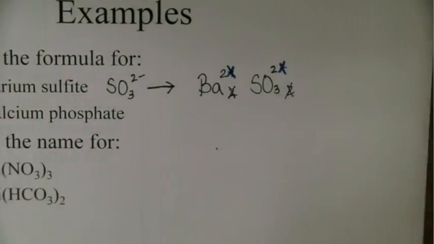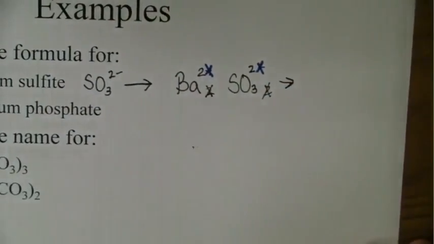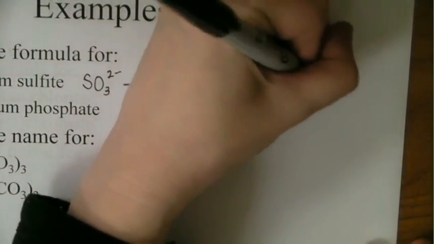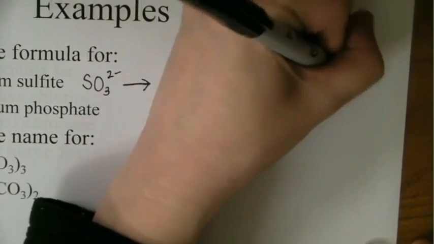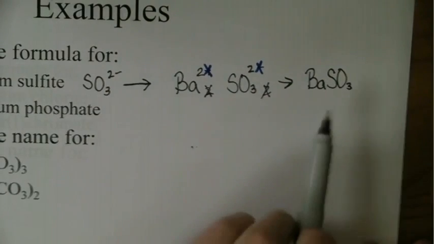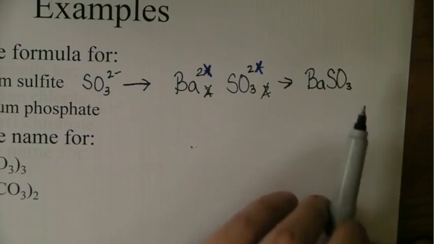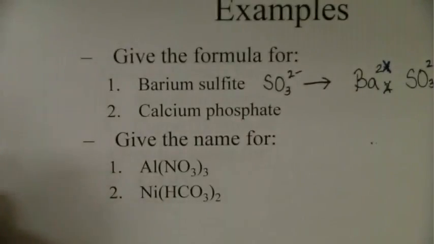So all you're doing is no different at all than what we did when they were just single elements. When they cancel, you just put them together. BaSO3. Barium sulfite. Notice the 3 never went anywhere. It stayed right where it is. Don't touch it.